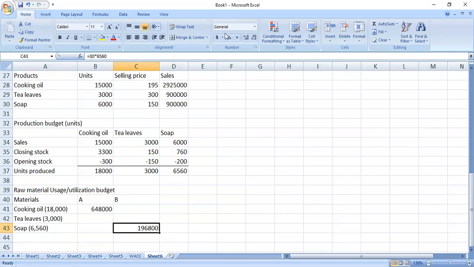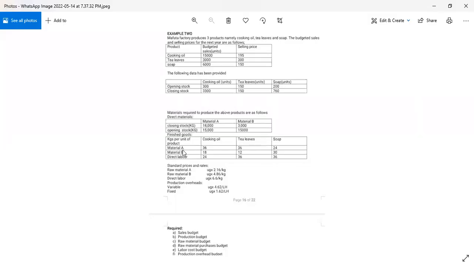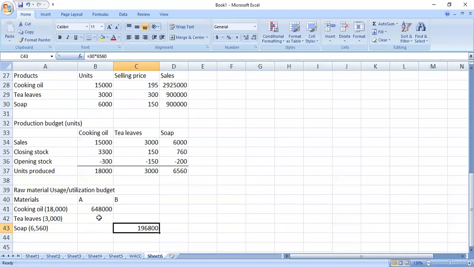Now I can go line by line. Let's first finish material A alone. So for material A, for tea leaves, we need 36 kgs for a single unit of tea leaves. Material A, 36, for a single unit of tea leaves, and units of tea leaves are 3,000.